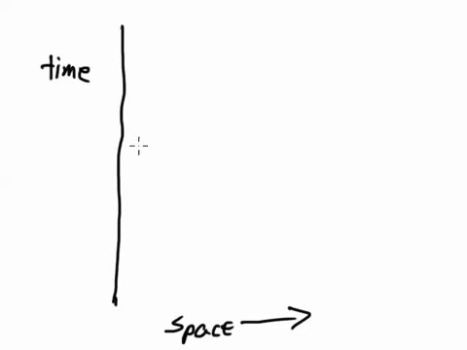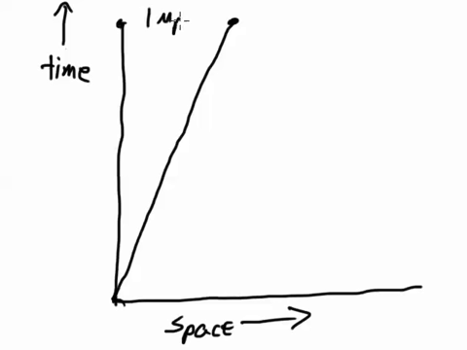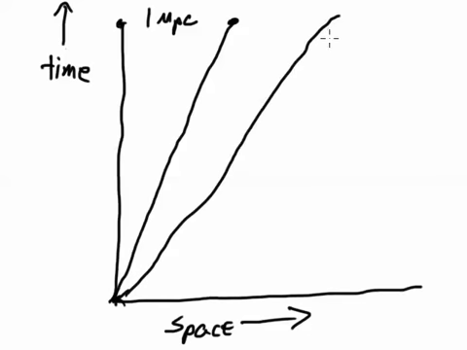Now if I draw a space-time diagram with space going this way and time going this way, and I imagine something going out at 72 kilometers per second, we should expect that the distance from it now after 13.7 billion years would be 1 megaparsec. If it went off at 144 kilometers per second, then it would be at 2 megaparsecs.